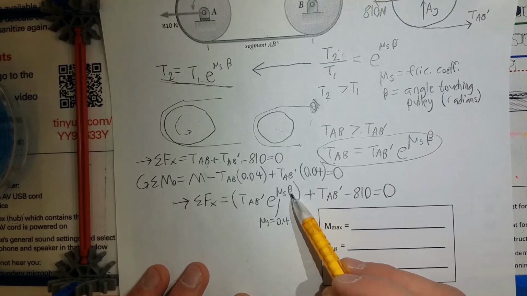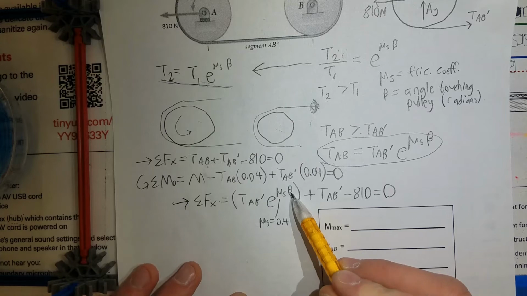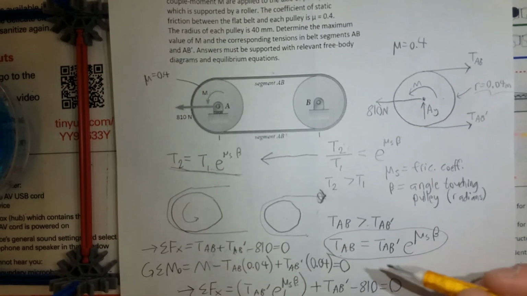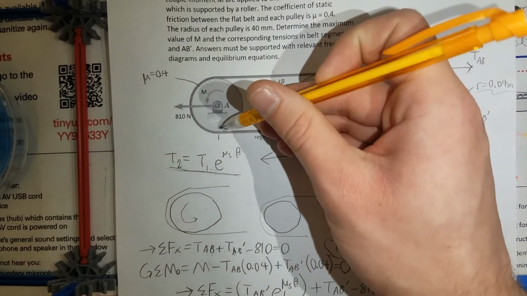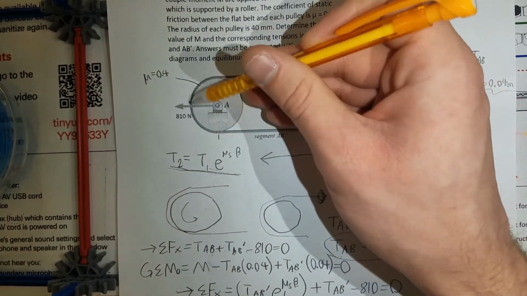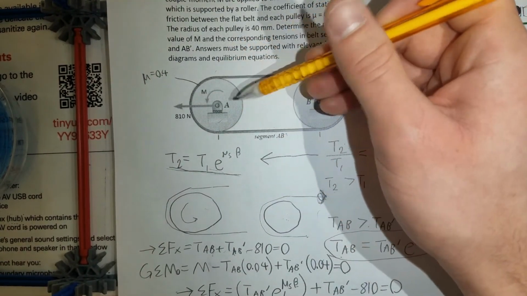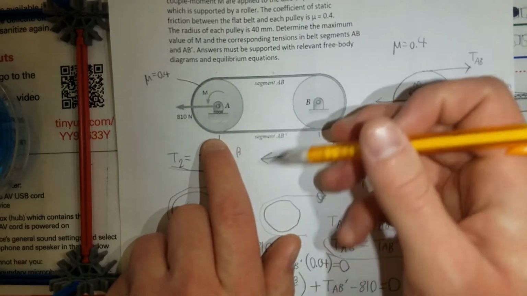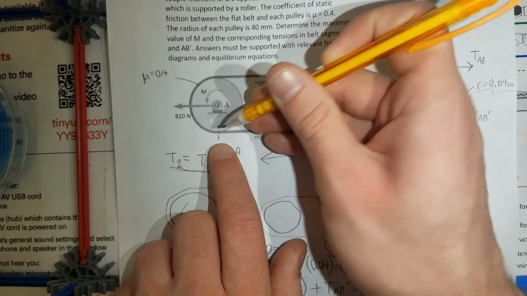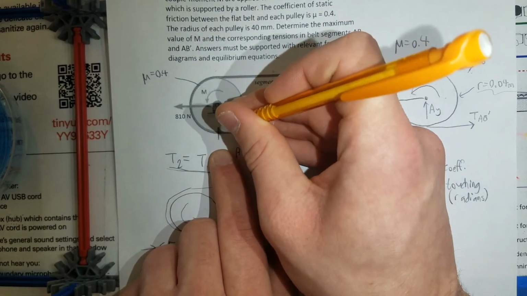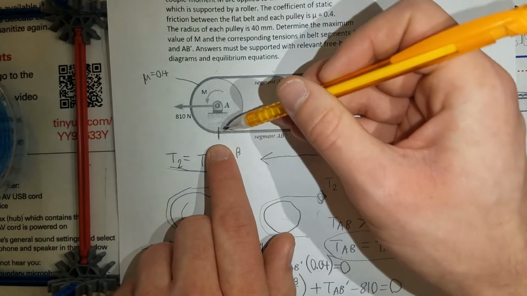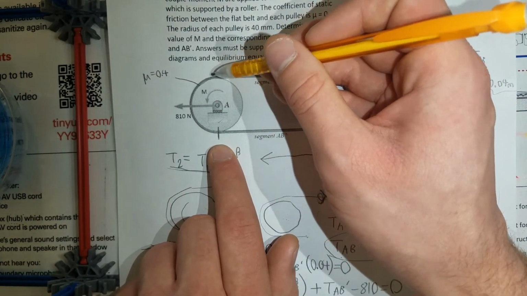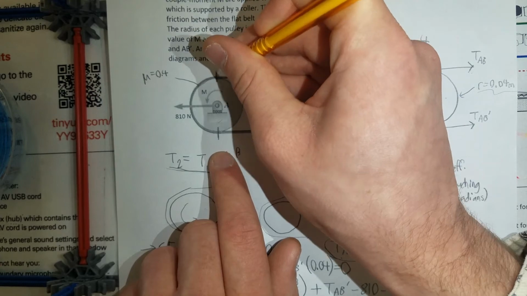Now, beta here is where it gets maybe a little bit more confusing, especially in different problems. This one's not as terrible. But we're essentially looking at what angle the belt is having in contact with the pulley here. So if we were to take a look at what's happening on this pulley here, we can see that the belt and the pulley make contact at about this point right here. And the pulley and the belt are in contact with each other all the way up until the top of the circle right here.